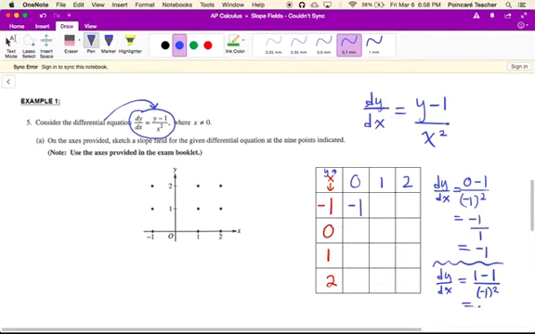And so that works out to be 0 over 1, which is 0. So this value here is 0. So we can do that for the whole entire chart, and I'll just fill that in if you do that 12 times. This is what you'll get.